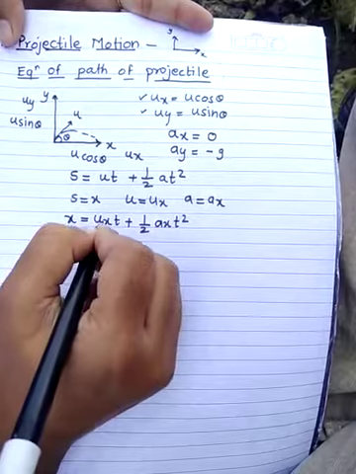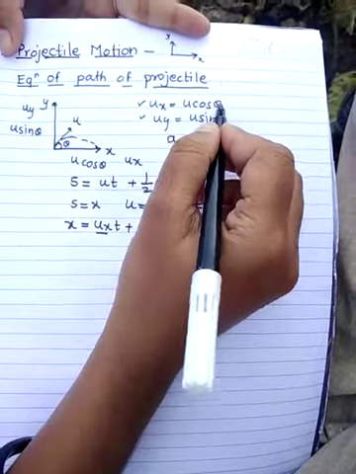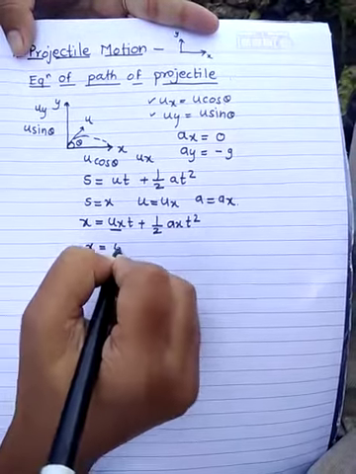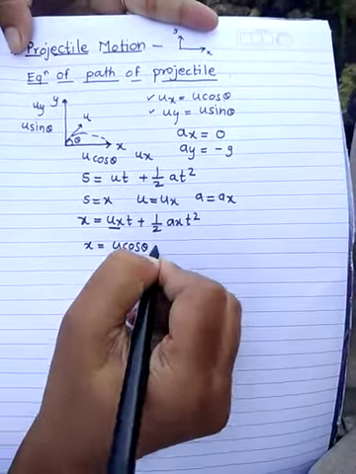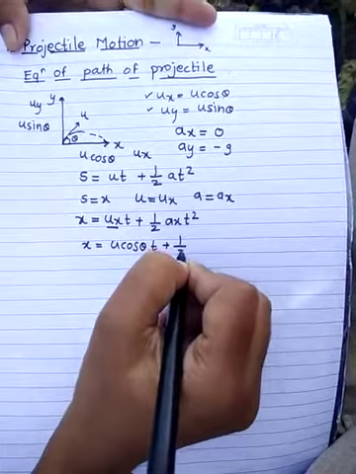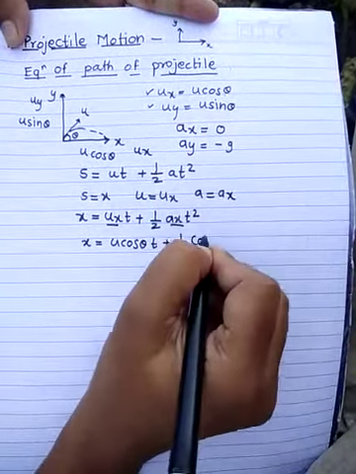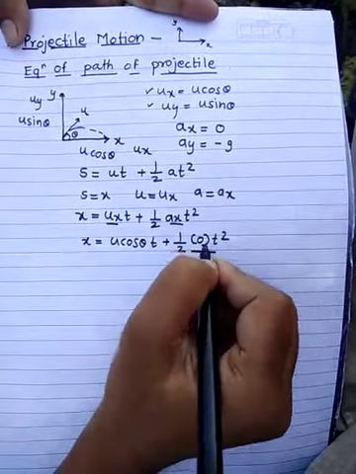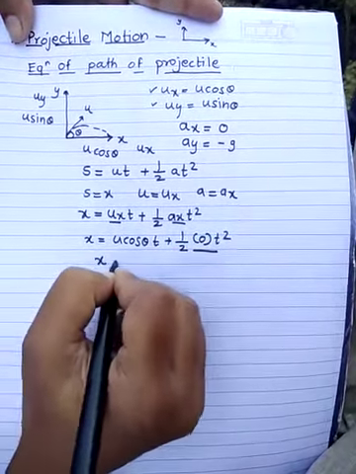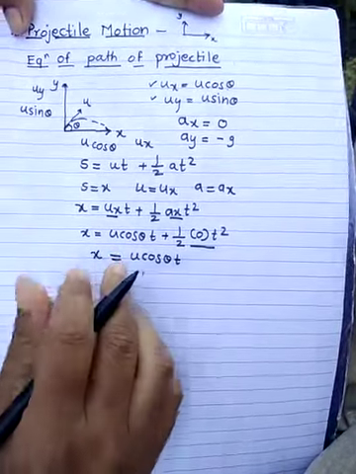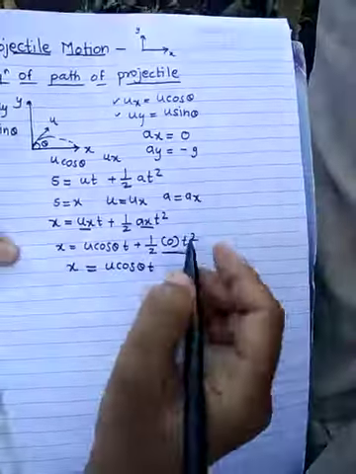The value of ux is u cos theta, the horizontal component, so we write u cos theta times t, plus half, and ax is 0. So this total term becomes 0. What we have got is x equals u cos theta into t.